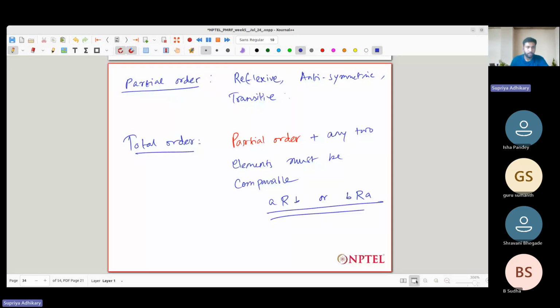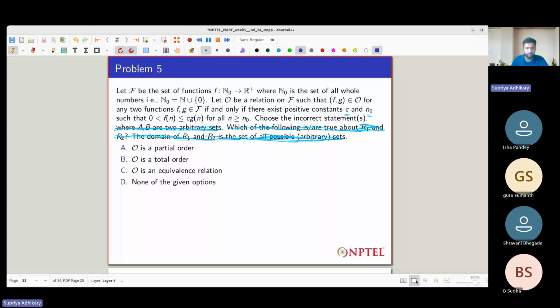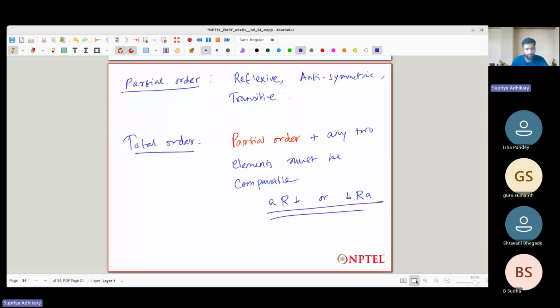So for total order we need this condition, and for an equivalence relation, we know that we need three properties, which are reflexive, symmetric, and transitive.